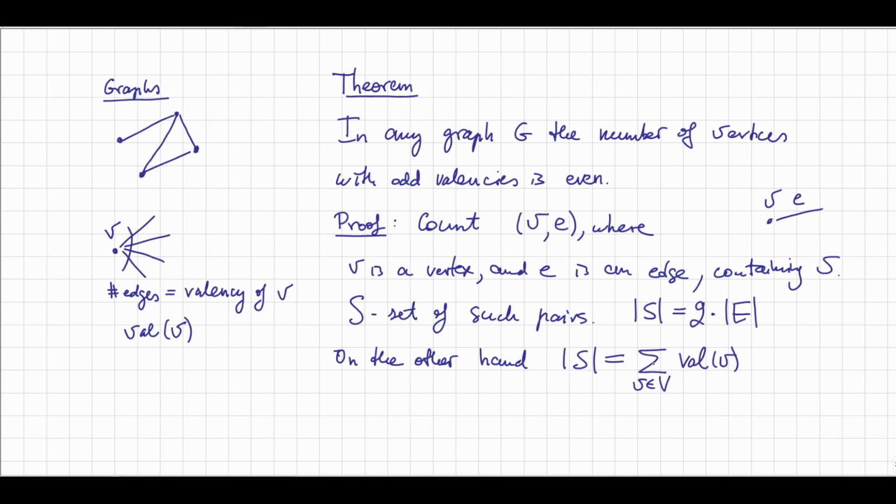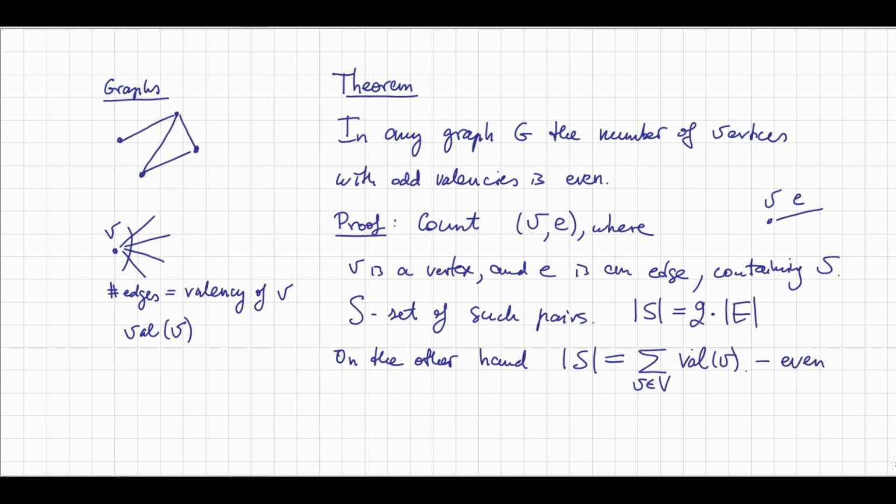This is because if we count this set by first counting the vertex component, so fixing the vertex component will give us exactly the number of edges which are adjacent, which contain this vertex. So that's going to be the valency of V, and we sum over all of them, and so we have this formula. So we obtain that this is an even number.